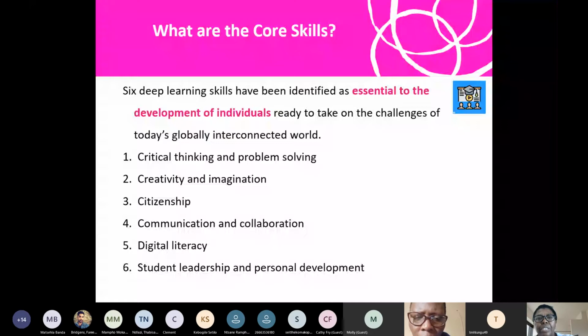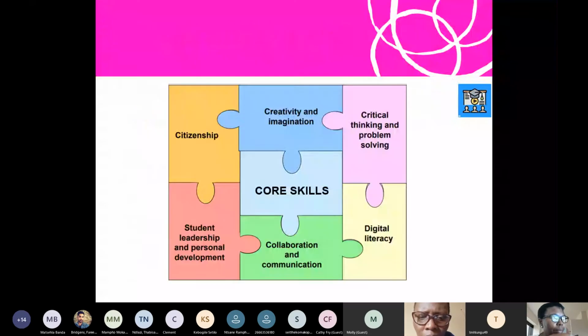And then this is just a puzzle. If you are a learned person, you need to have all those core skills, and it's a puzzle. And if you lose one of the pieces of the puzzle, it will impact on you, and it will basically affect you big time, and it might affect you negatively.